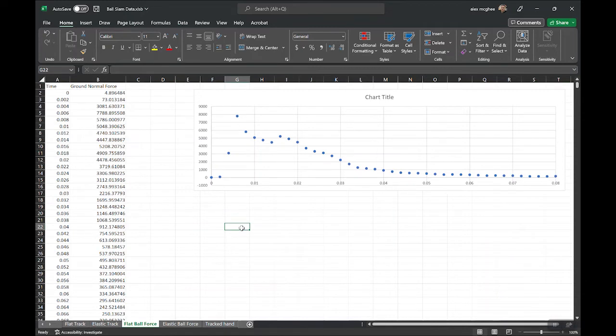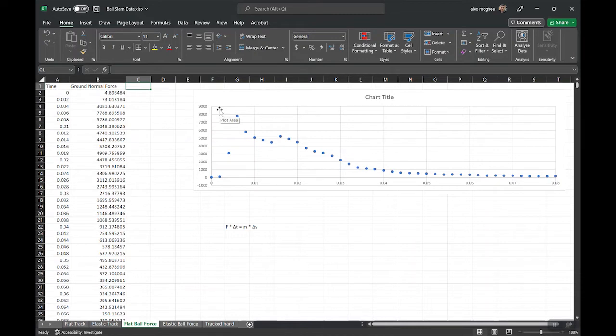This is F times dt is equal to m times change in velocity. And this comes from the fact that F equals ma, which is F equals m times delta v over delta t, right?